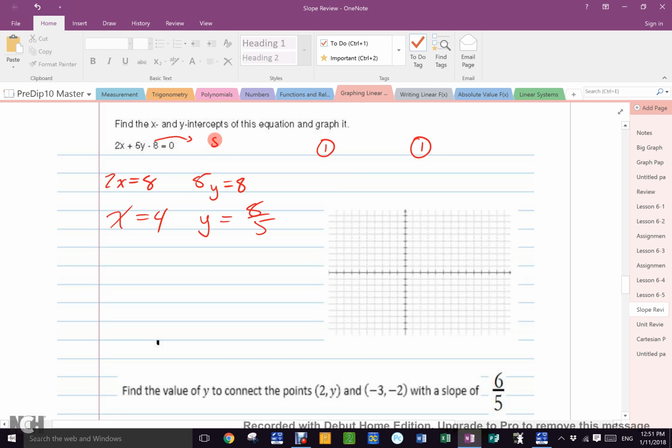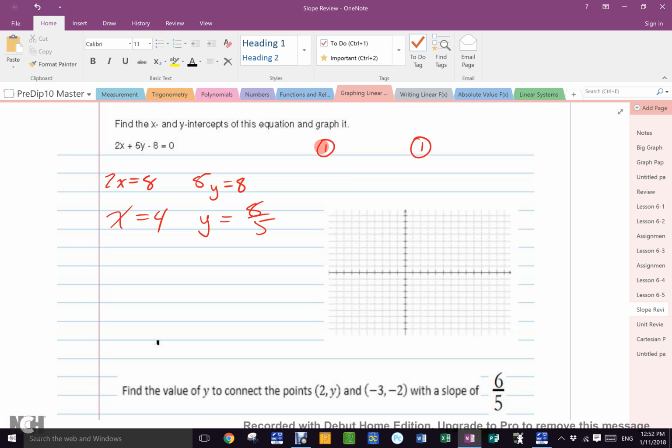You bring the 8 over. 5y equals 8. 8 divided by 5. Is everybody okay for the first mark available to them? All right. Everybody cool?